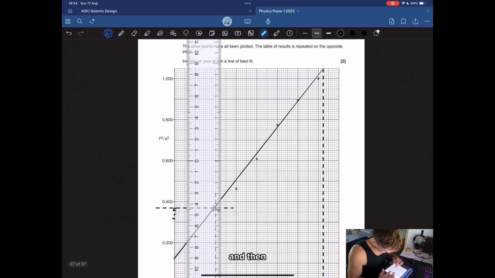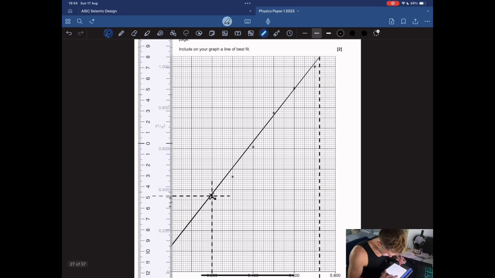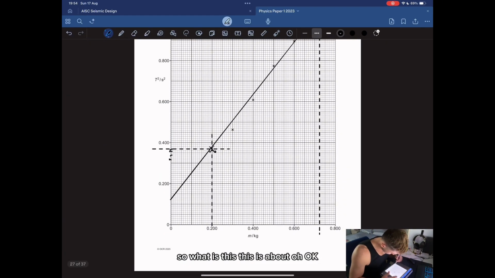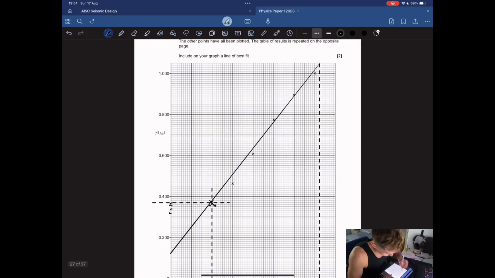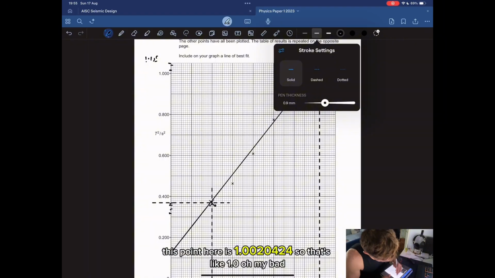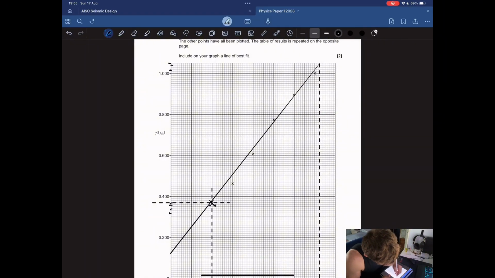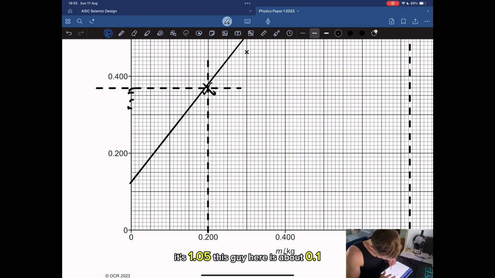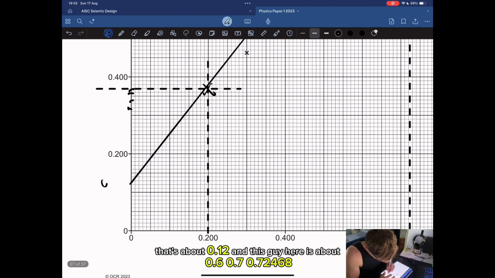This point here is about 1.05. This one here is about 0.12.